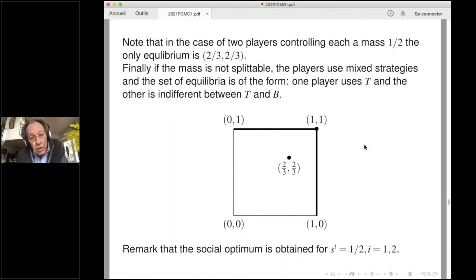If it's a two-player non-splittable game, the set of equilibria is this line going from (0, 1) to (1, 1) and (1, 0). Finally, if there is a dictator or a planner who decides for the people, they will say half of the people should go top and half should go bottom, and this corresponds to the social optimum.